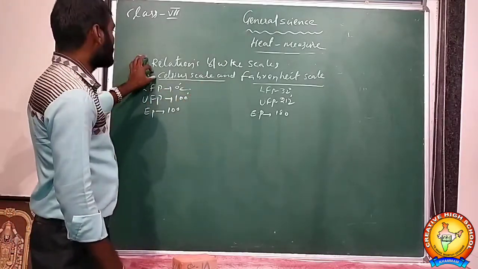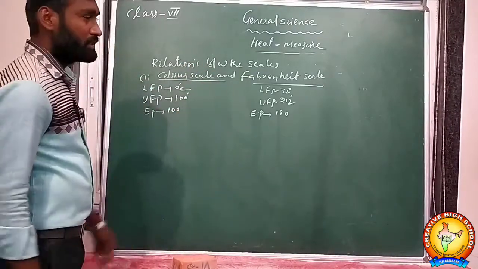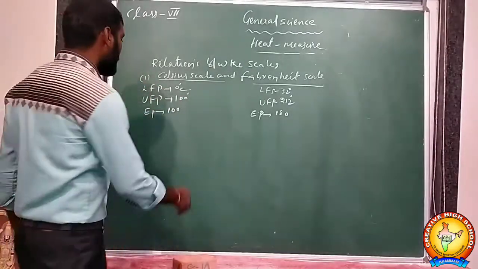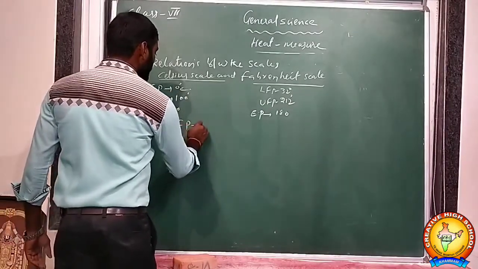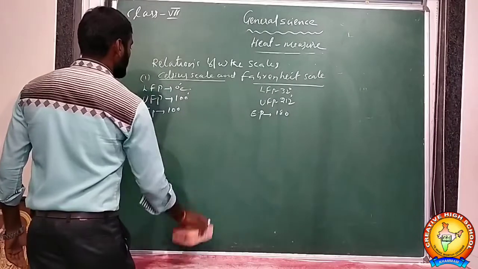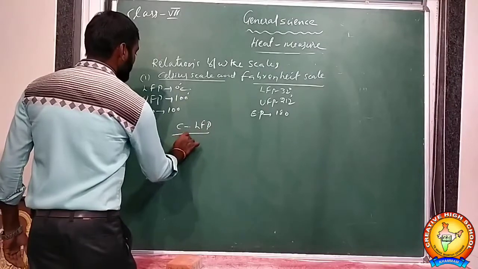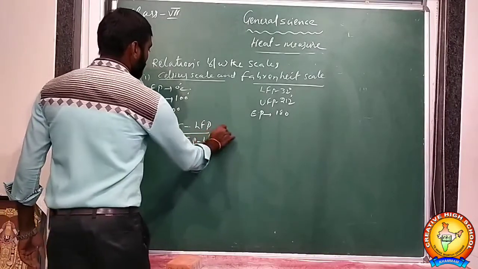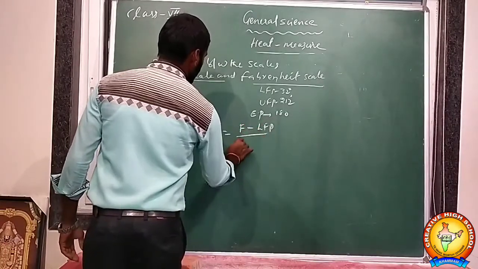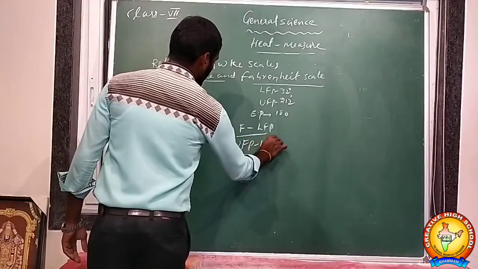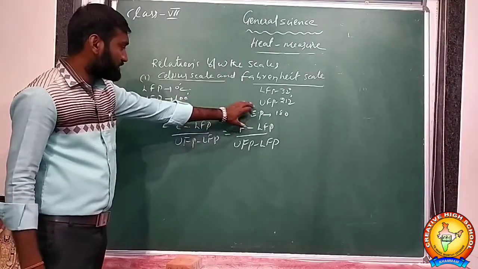You can take any scale and use this formula: the scale minus lower fixed point, by upper fixed point minus lower fixed point, is equal to the same for the other scale.